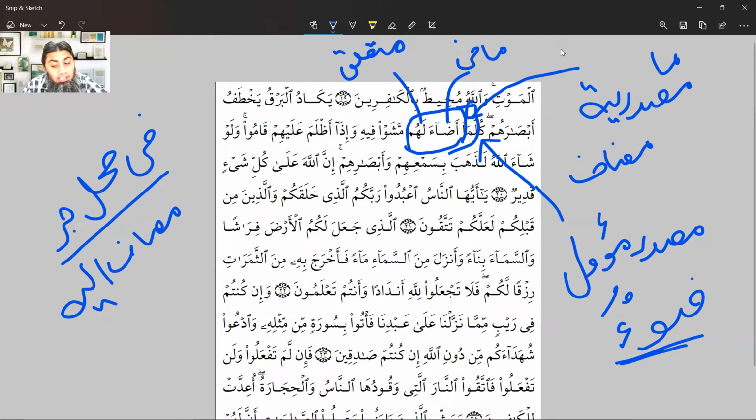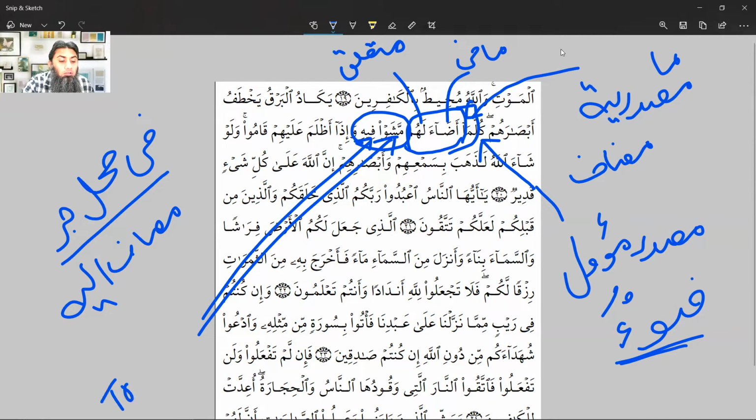So every time it is lightened for them, mashaw fihi. This is a separate sentence. Mashaw means, by the way, inshallah we will discuss this word as well, this mashaw is number 3 in the madi chart. Okay, mashaw, and fihi is the mutaalliq part. And mashaw has the meaning of to walk.